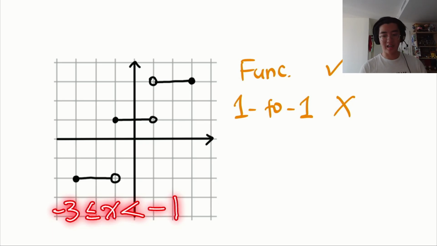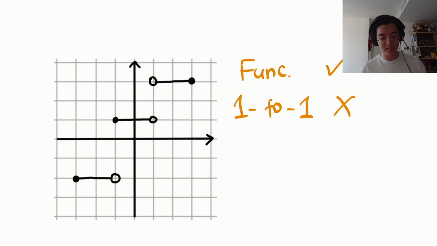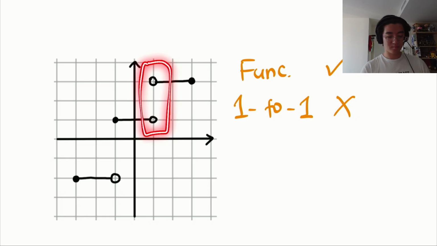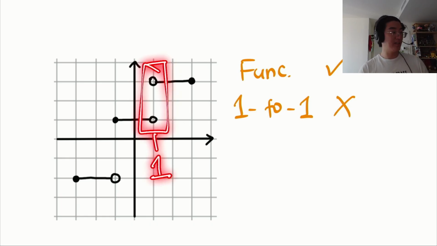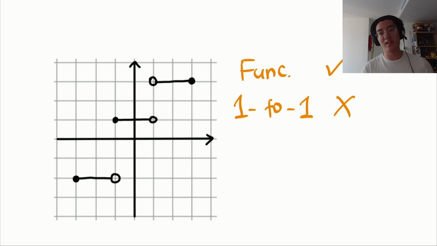But we notice here that -1 is actually included up here, so it actually also includes -1. But what doesn't include is +1, because we have two hollow dots here, we do not include +1. So our domain is from -3 to +1.